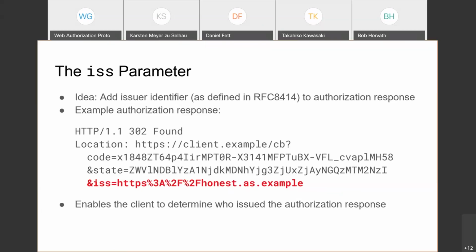We all know the code and state parameter, and we simply add a third parameter here, the ISS parameter. As you can see, it's just the URL encoded issuer identifier of this example AS. And what this does is, as Daniel described at the beginning of the countermeasures, it reaches our goal to allow the client to determine who issued this authorization response.